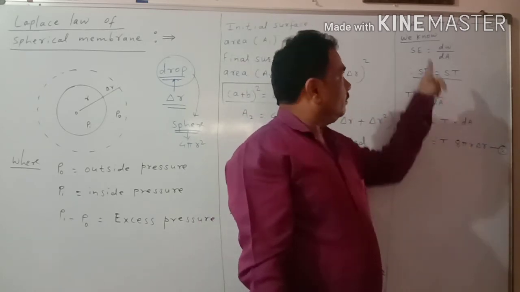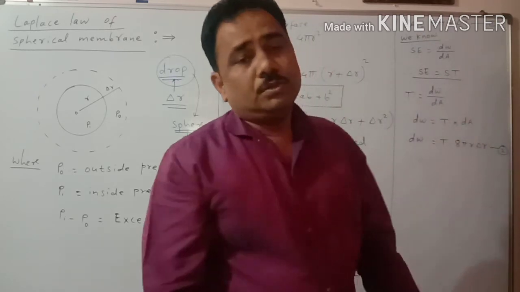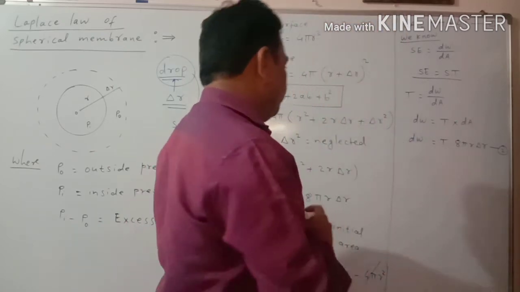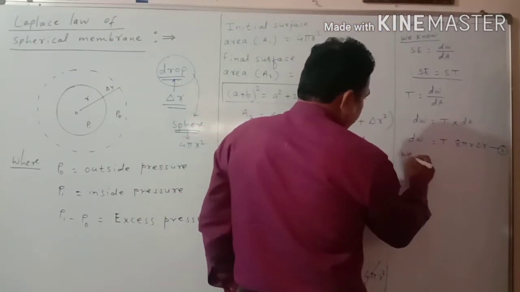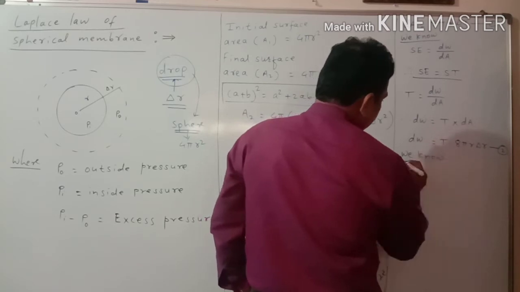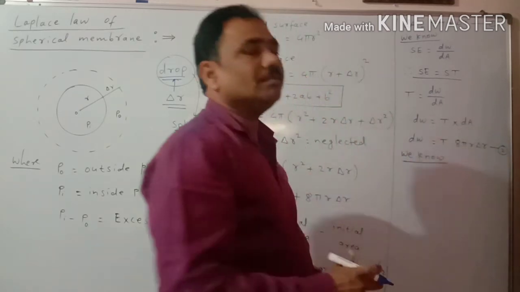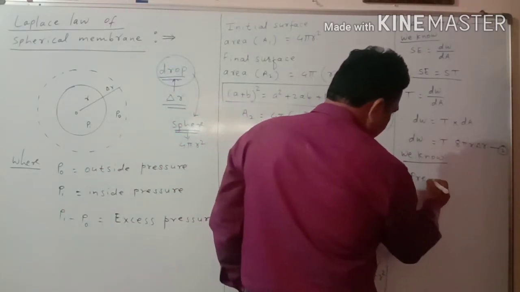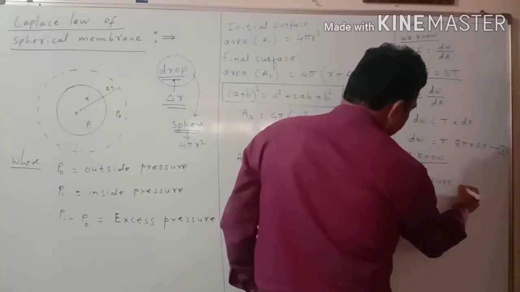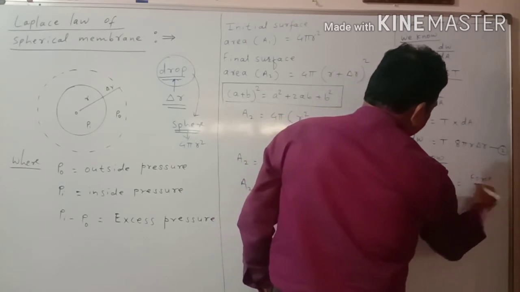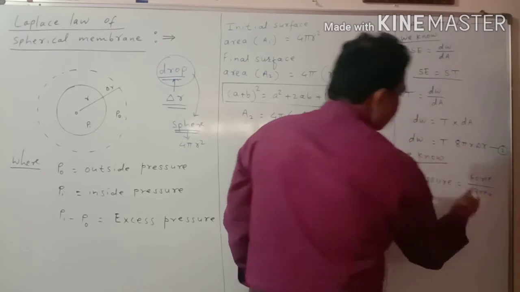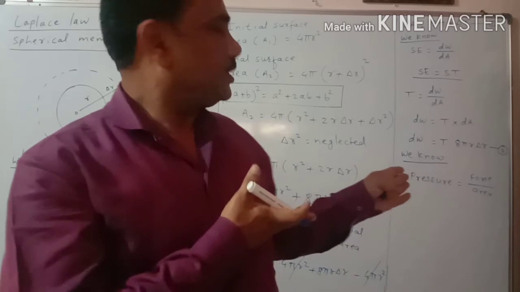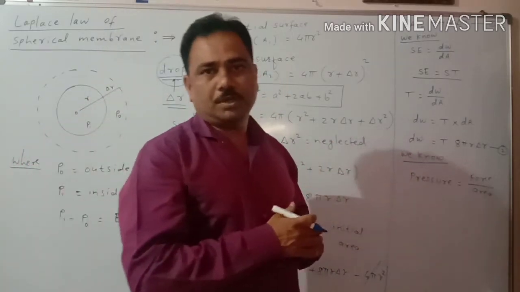We have two equations here. If we want to calculate the excess force, what do we have to do? Using a simple concept related to pressure. Pressure is always equal to force upon area, force per unit area.